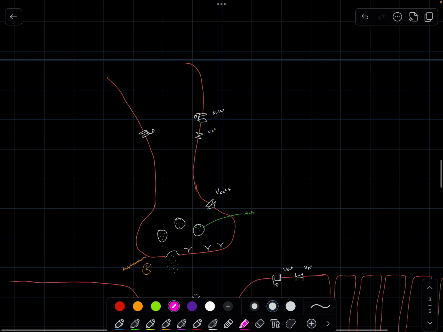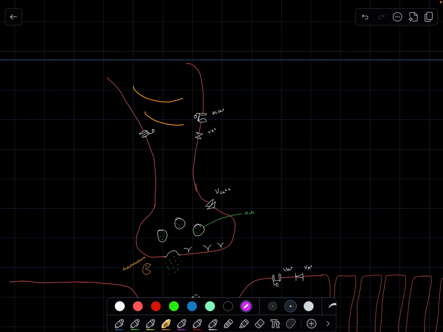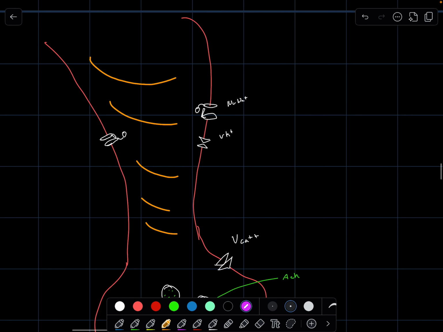Now we're going to run through basically the entirety of the contraction of a muscle. So we're first going to start off with a signal going down a neuron. When this signal happens, we have voltage-gated sodium channels, which will release sodium into the cell, allowing for that wave to continue.